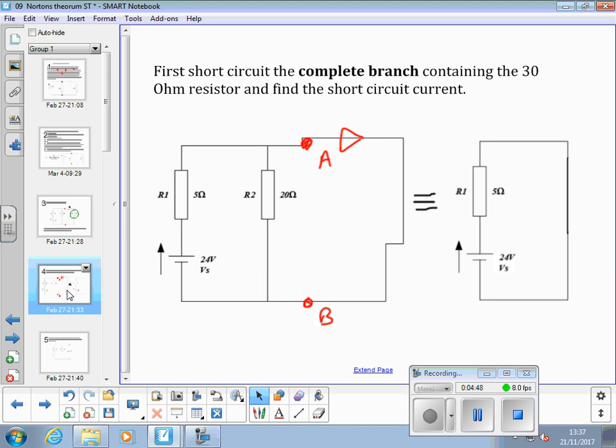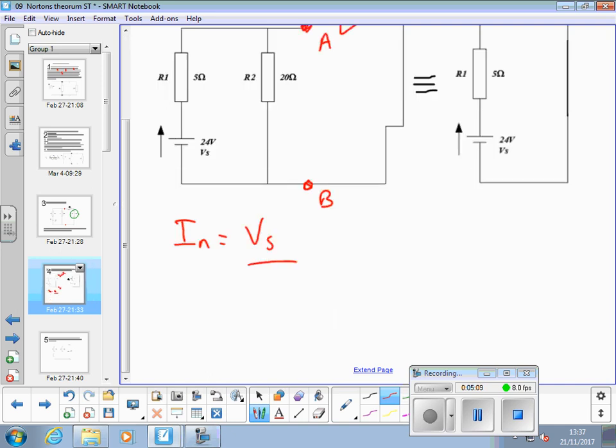So from that, the short circuit current flowing through our shorted wire between A and B, this is the current we're interested in. That's IN. IN is equal to VS divided by R1. 24 volts divided by 5 equals.